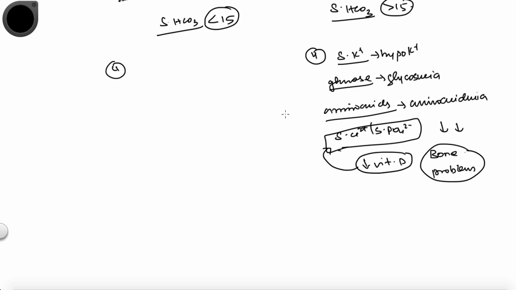Distal RTA patients lose a lot of potassium, as I told you, because of the loss of potassium handling in the distal tubule. They tend to have hypokalemia, but none of these other features are present. They do not have glycosuria, they do not have aminoaciduria, and they do not have low serum calcium or low serum phosphate.